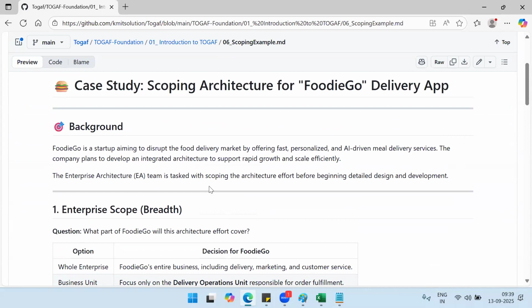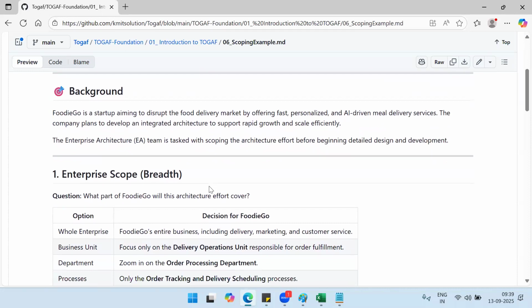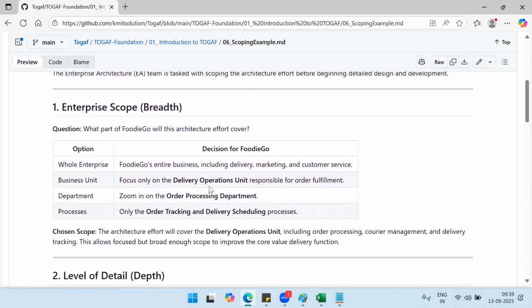The company plans to develop an integrated architecture to support rapid growth and scale efficiently. The enterprise architecture team is tasked with scoping the architecture efforts before beginning the detailed design and development. So first, what will be the enterprise scope for this?